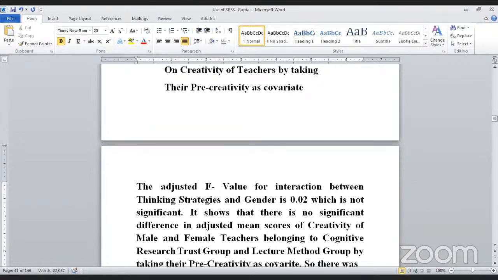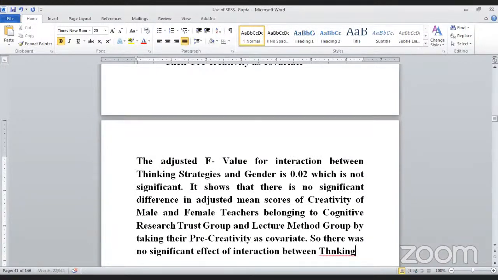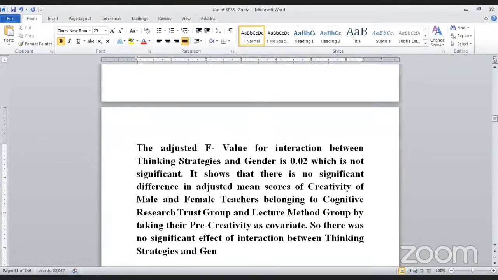So there was no significant effect of interaction between thinking strategies and gender on creativity of teachers by taking their pre-creativity as covariate.